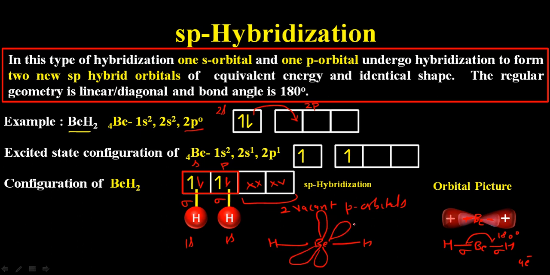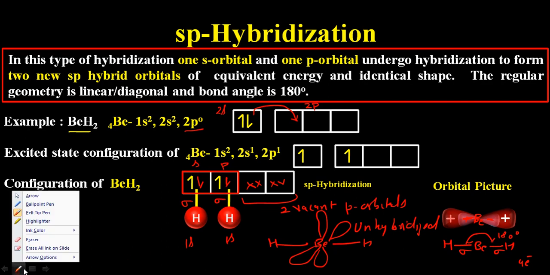These orbitals are unhybridized orbitals. These orbitals are not participating in hybridization. They are lying vacant, but they can gain electrons if some donor species is present, which is generally called a Lewis base. Because BeH2 can gain electrons, that's why it is called a Lewis acid, meaning electron acceptor.